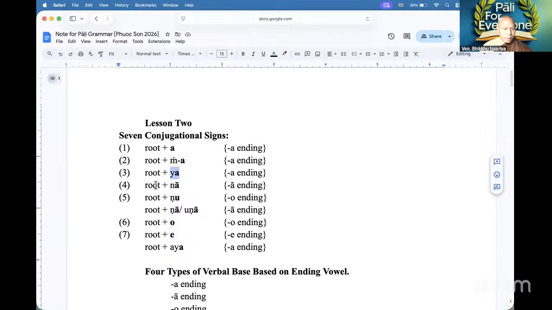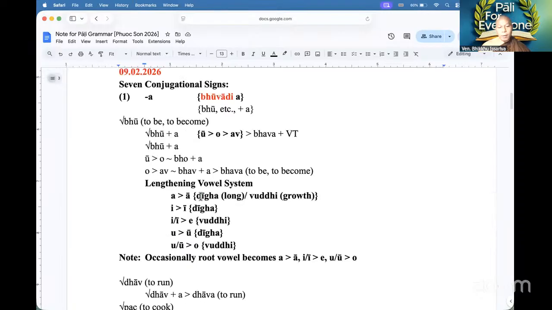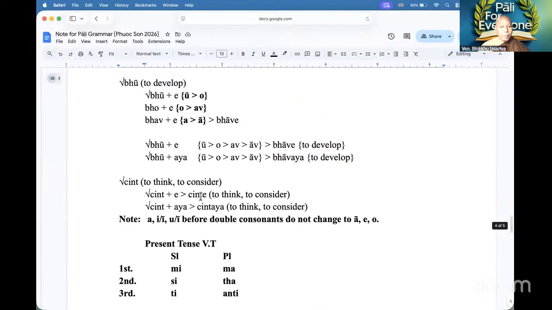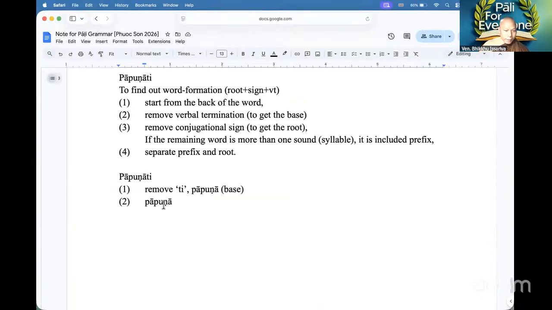So maybe that is number 4, the na sign, or number 5, the una sign. Among these we need to consider, because this one ends in the u, this one in the o, this one in the a. So na or una. Now let's see in babuna: this na is the plain one, not the one with the dot, not the other one.